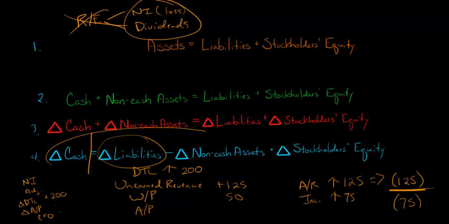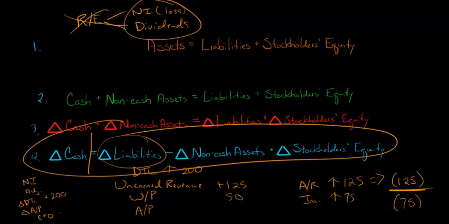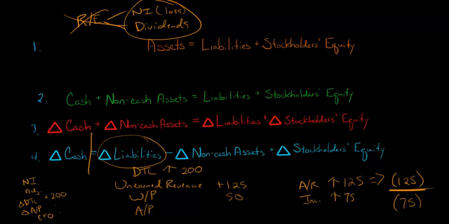So this formula is not going to help you for every single account. But when you're thinking about these accrual accounts like accounts payable, wages payable, unearned revenue, this formula could be really helpful to you in making the statement of cash flows.